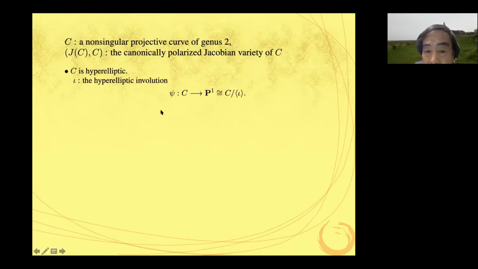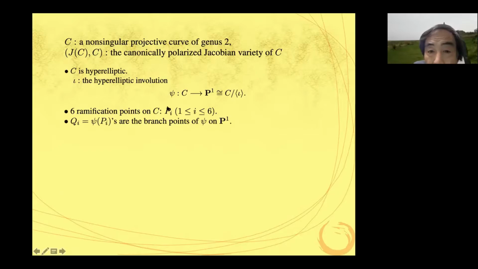We have such a diagram, such a morphism. And for this morphism, it is well known that we have 6 ramification points P_i on C, and also we have 6 branch points here like this. Q_i is the image of P_i.